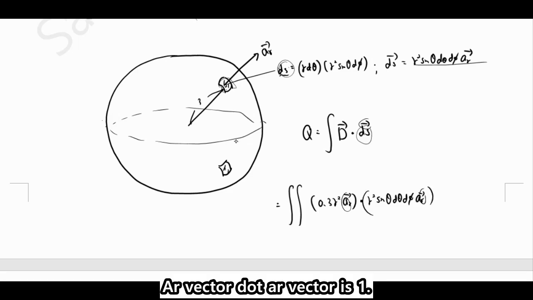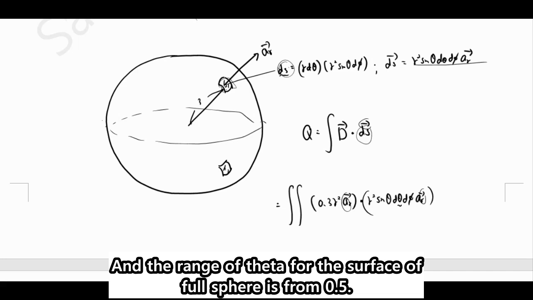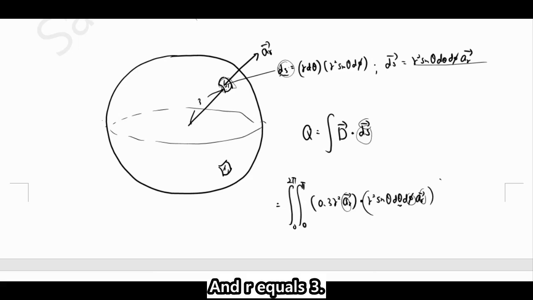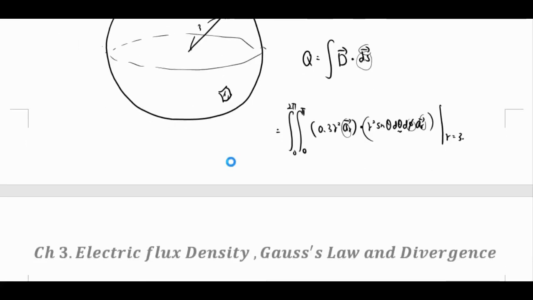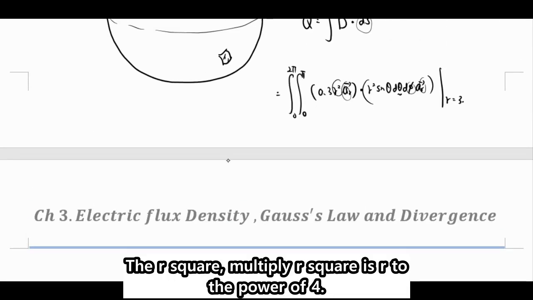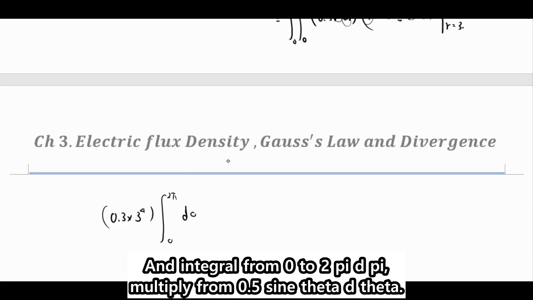a_r vector dot a_r vector is 1, and the range of theta for the surface of a full sphere is from 0 to pi, and the range of phi is 0 to 2 pi, and r equals 3. So this is 0.3 multiplied by r squared multiplied by r squared, which is r to the power of 4, that is 3 to the power of 4, and the integral from 0 to 2 pi d phi multiplied by the integral from 0 to pi sine theta d theta.